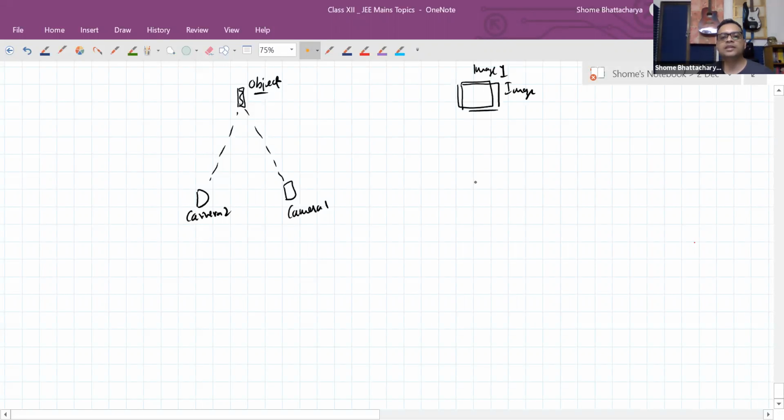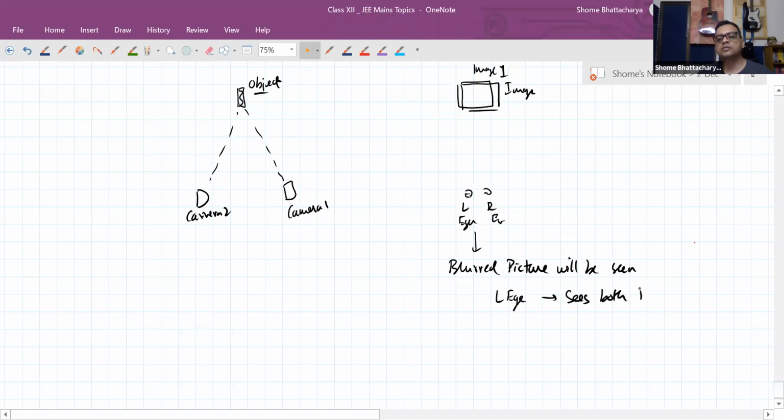But if you overlap these two images and put them in front of your eyes, we will still not see a proper three-dimensional picture. We will see a blurred picture. Why? Because the left eye sees both the images, one and two, and the right eye also sees both the images, whereas what you want is that each eye should see only one image.